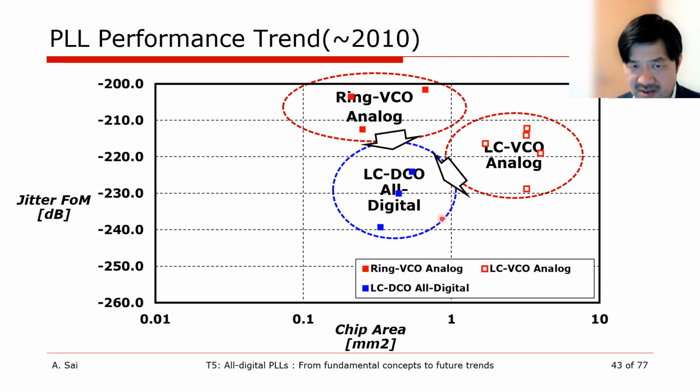The reason for this is that the chip area and power can be greatly reduced by digitizing the charge pump and loop filter. We also introduced the cancellation technology for the fractional path. The next section.